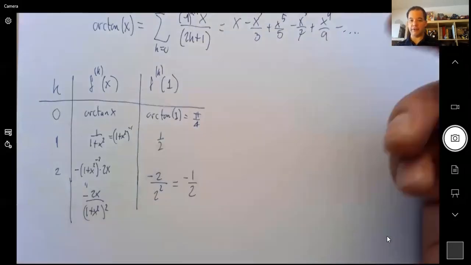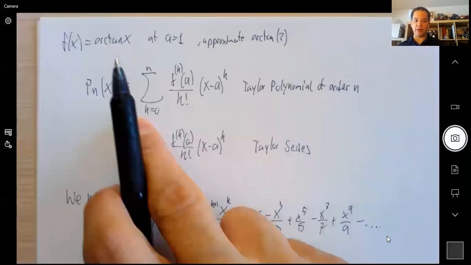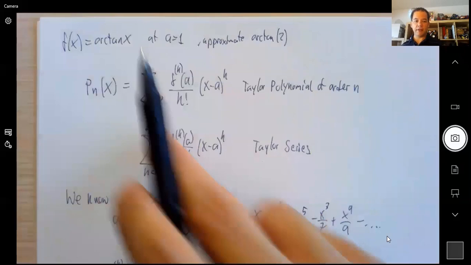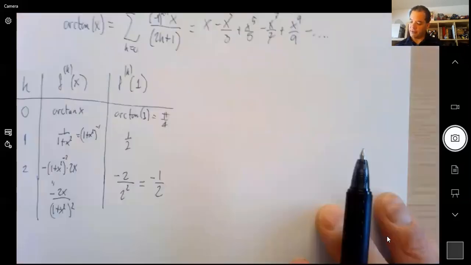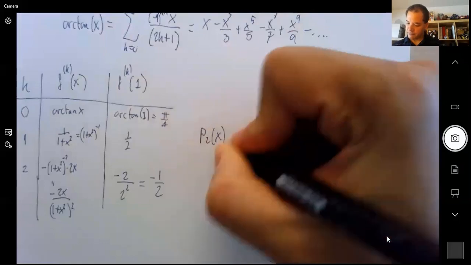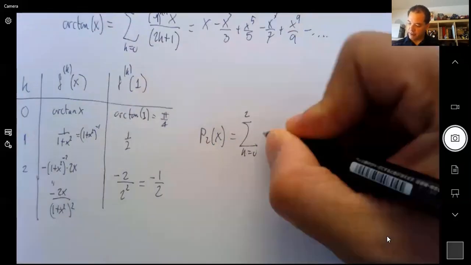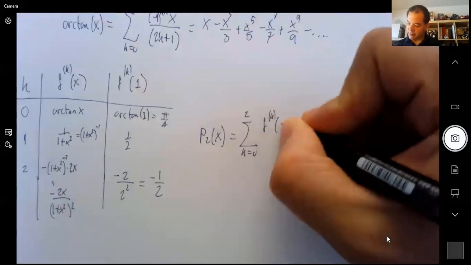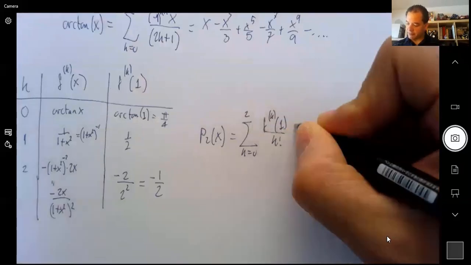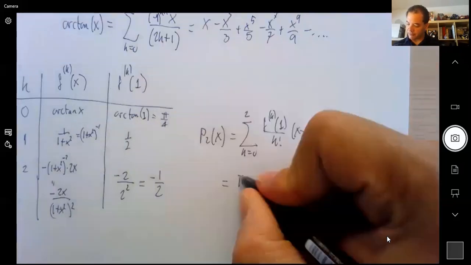That's all we need, right? Once you have these, you can go back to our recipe and just plug the things in. So here is P2: the sum from 0 to 2 of the kth derivative at 1 over k factorial, times x minus a to the k. So what is it? The first one is pi fourths.